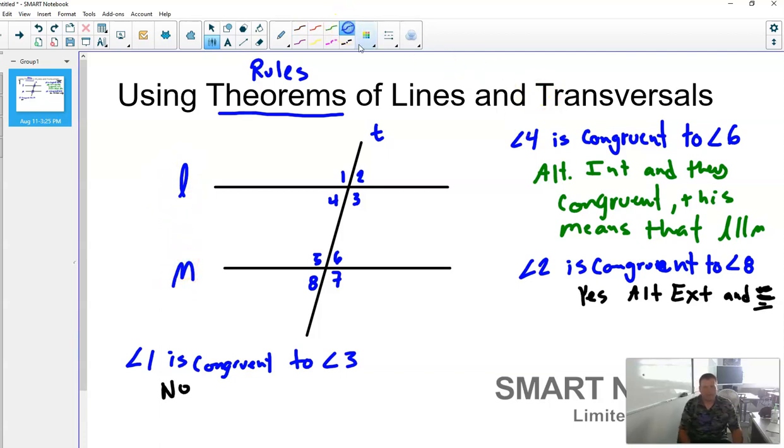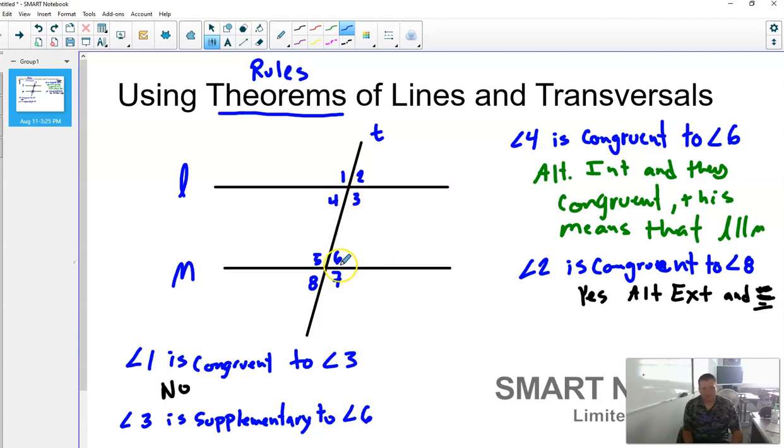Okay? So again, continuing with this, let's say we had angle 3 is supplementary to angle 6. Is that enough information?